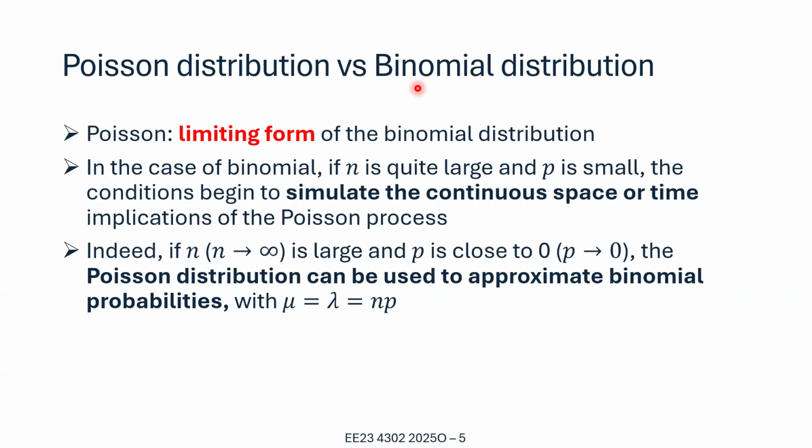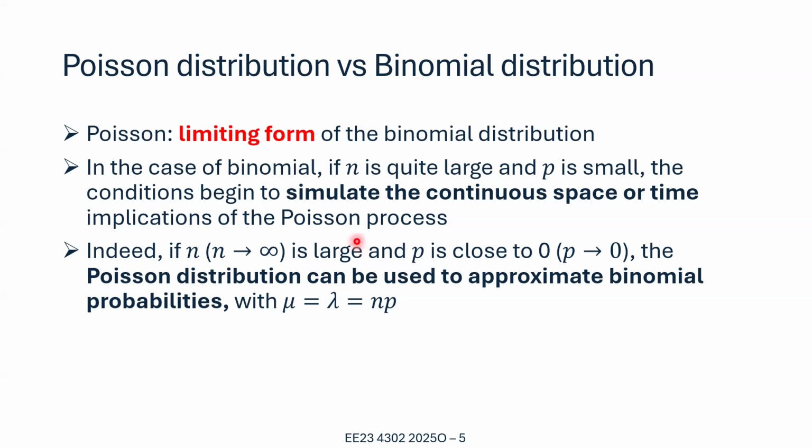In the case of the binomial, if n is the number of experiments, if n is quite large and p is small, then the conditions begin to simulate the continuous space or time implications of the Poisson process.